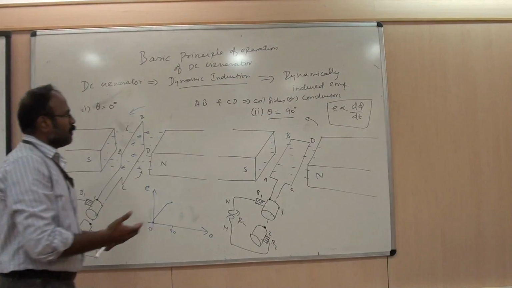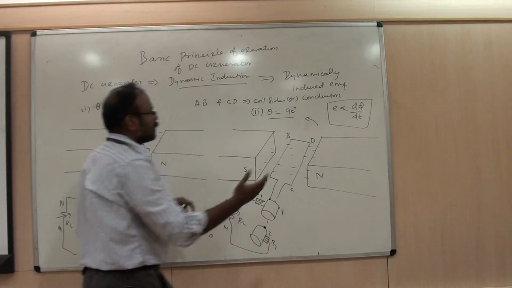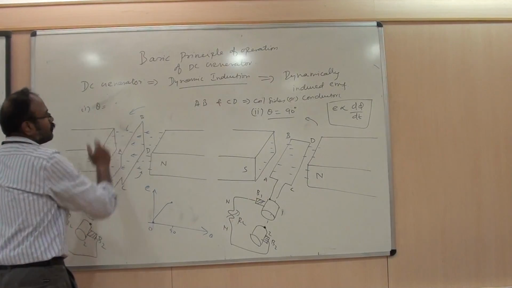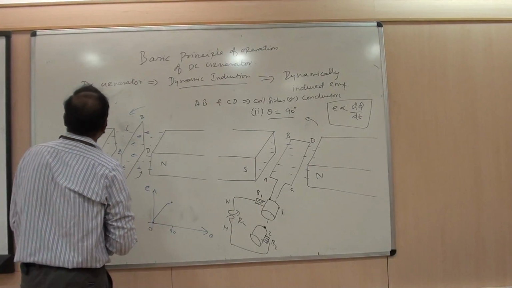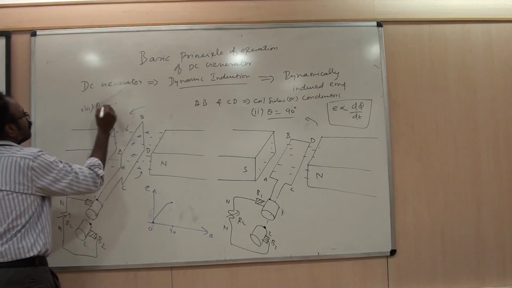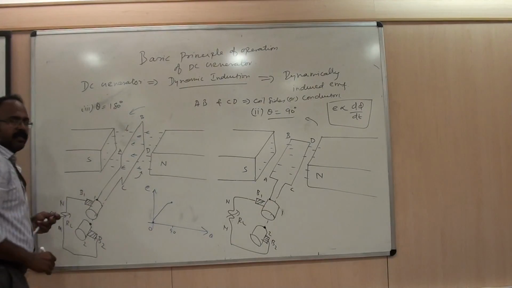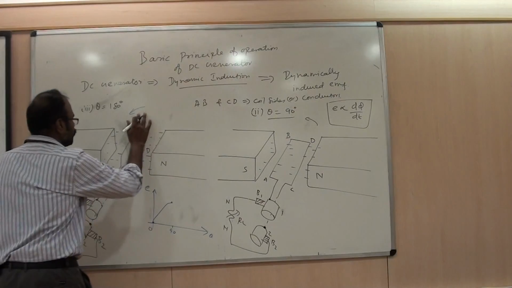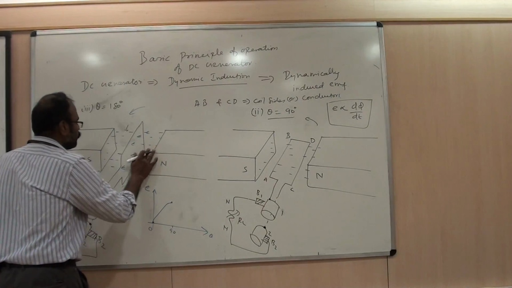Now, if it continues for another 90 degree, that is at theta is equal to 180 degree, which is the third position, what happens? You will get the same position, but the positions of AB and CD will change.